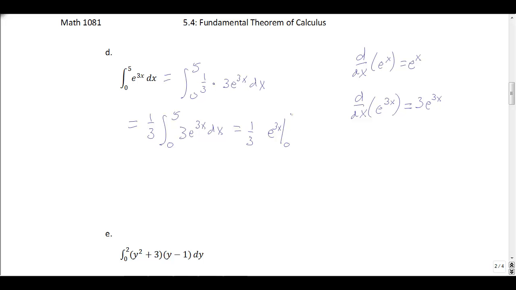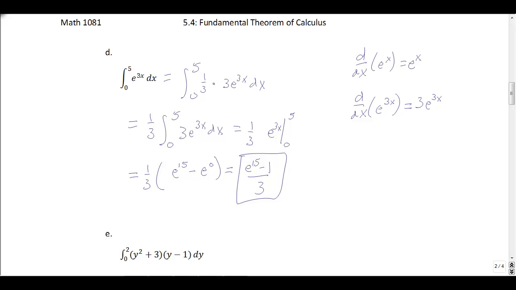And I do this from x equals 0 to x equals 5. So I get 1/3. When you plug in 5, you get e to the 15. You plug in 0, you get e to the 0. E to the 0 is just 1. Anything to the 0 is 1. So you put this together and you get e to the 15 minus 1 over 3.